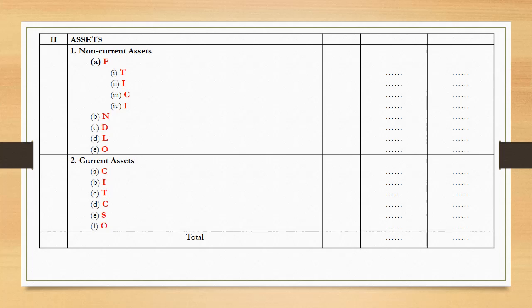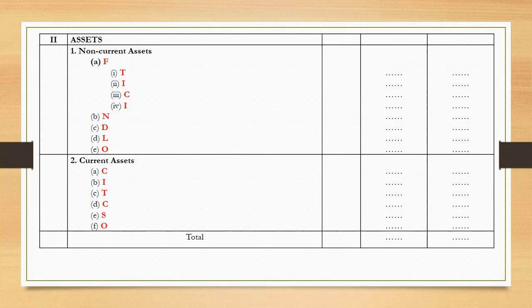And in current assets, it is CIT, CSO. How are we going to memorize this? Fatafat, Tiki, New Delhi se lo, right? For non-current assets, it is Fatafat, Tiki, New Delhi se lo, and then for current assets, it is CIT, CSO. Okay, so this is how we are going to memorize the format.